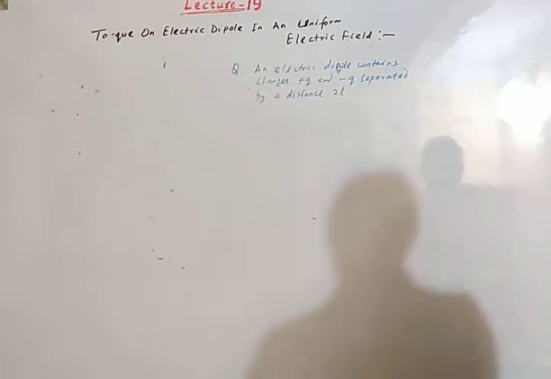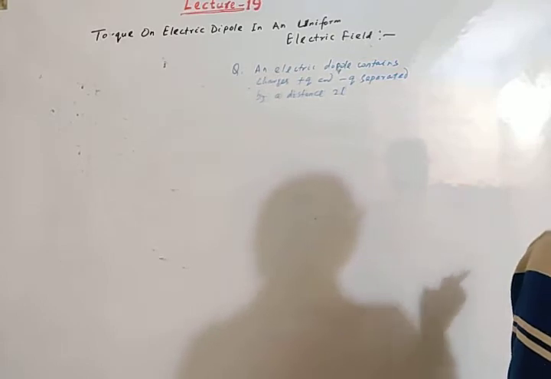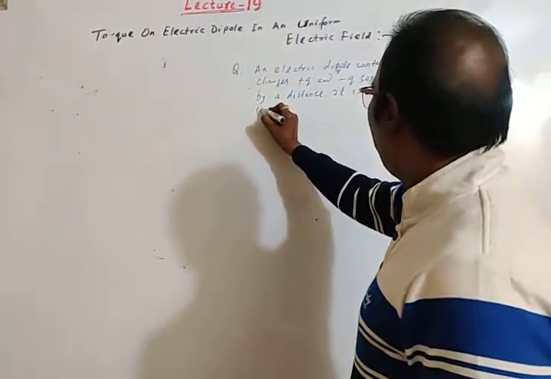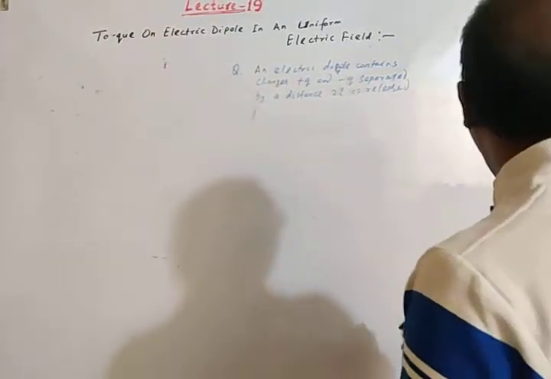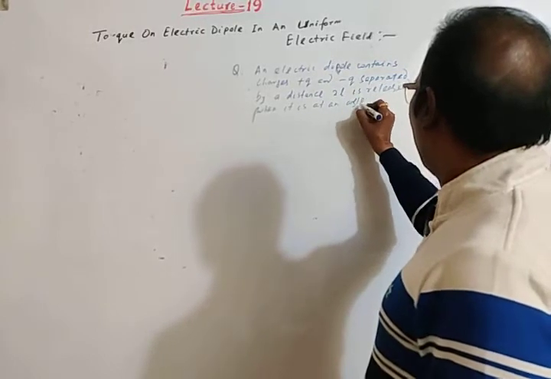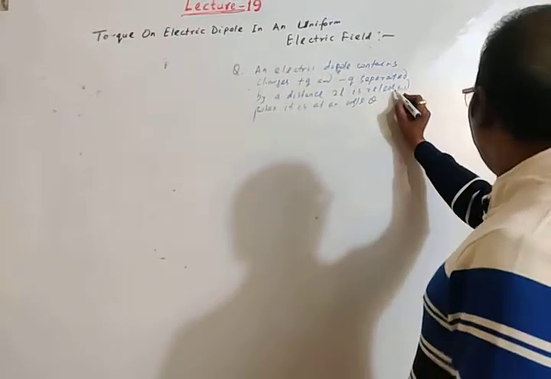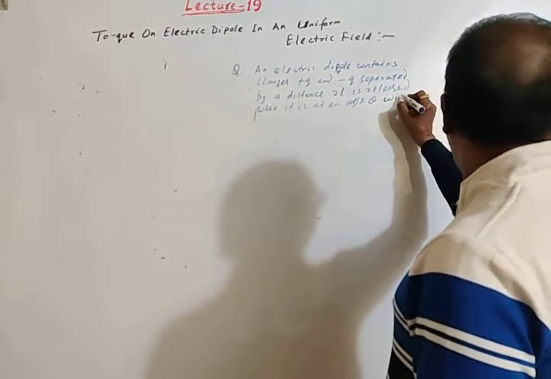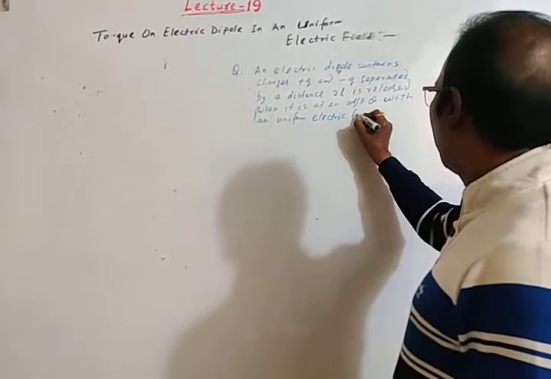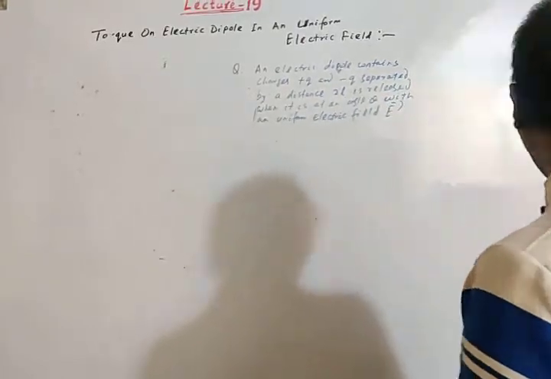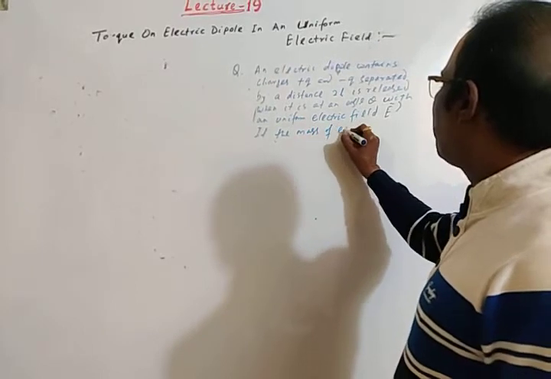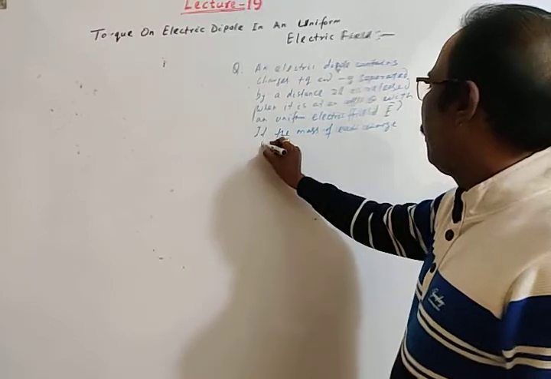An electric dipole contains charges plus Q and minus Q separated by a distance 2L, is released when it is at an angle theta with a uniform electric field E. If the mass of each charge is m, then find the angular acceleration just after release.